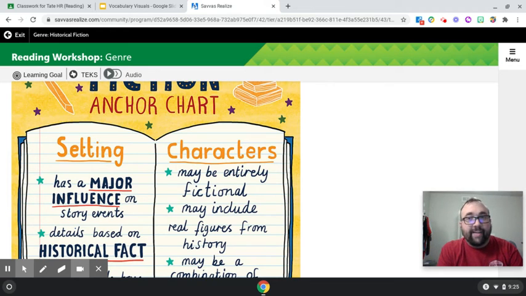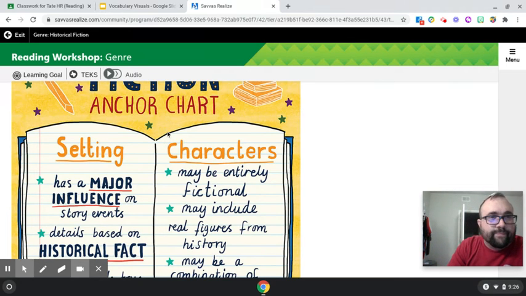The time period and some people in the story might be accurate to what happened, but the plot is fictional, right? And some of the characters might be fictional too. Okay. But there can be real characters. All right. So, excellent job.